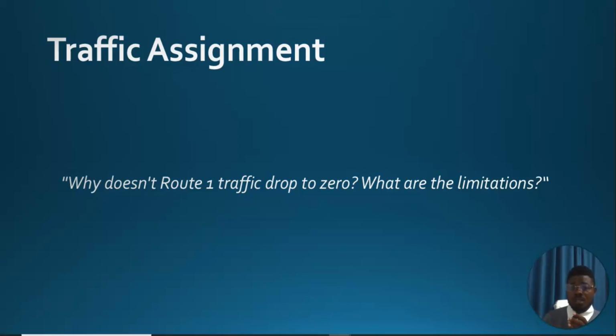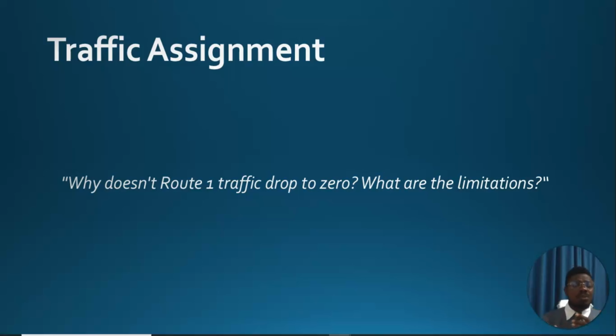Even with the introduction of the new route, and we could see the travel time reduced to 18, 18, and 12, or 18, 18, and 15, or 18, 15, and 12, whichever way it is, we still see them sticking to Route 1, maybe as a result of their destination proximity. So there are lots of reasons why Route 1 traffic will not drop to zero.